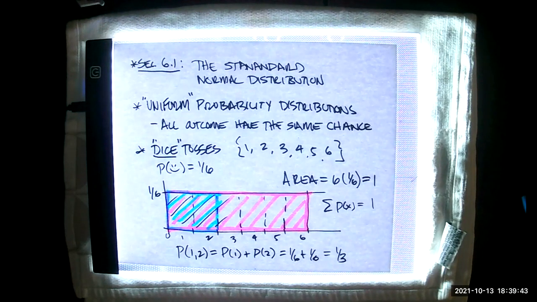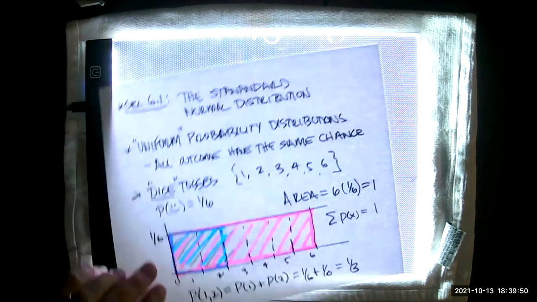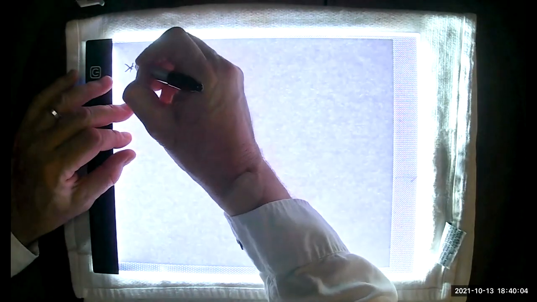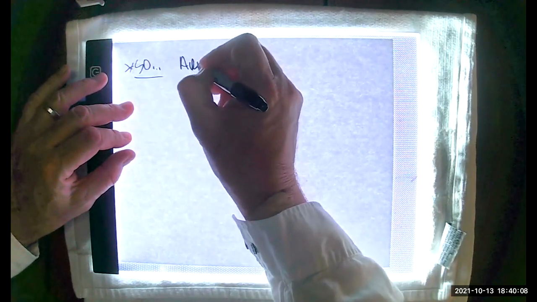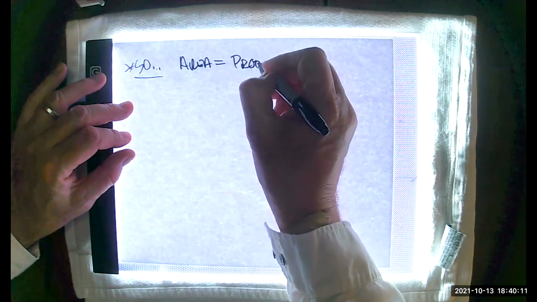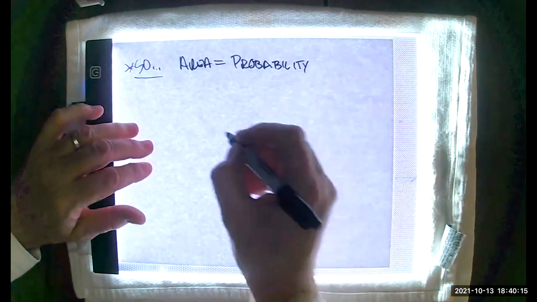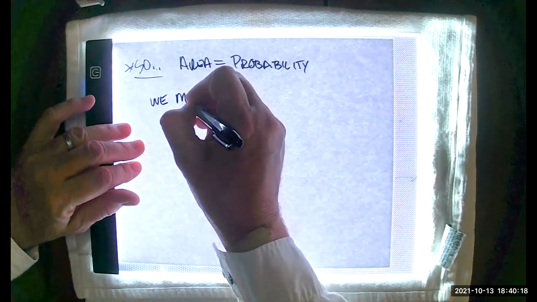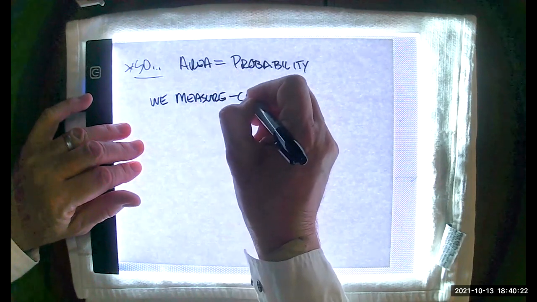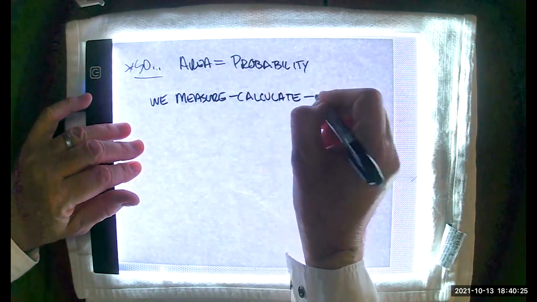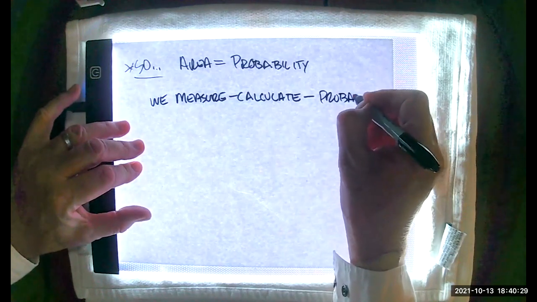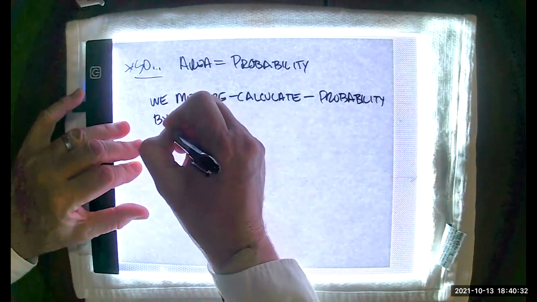So I like this notion of a uniform probability because it really introduces this notion that, and this is really the important part of it, basically, we measure or calculate probability by finding area.